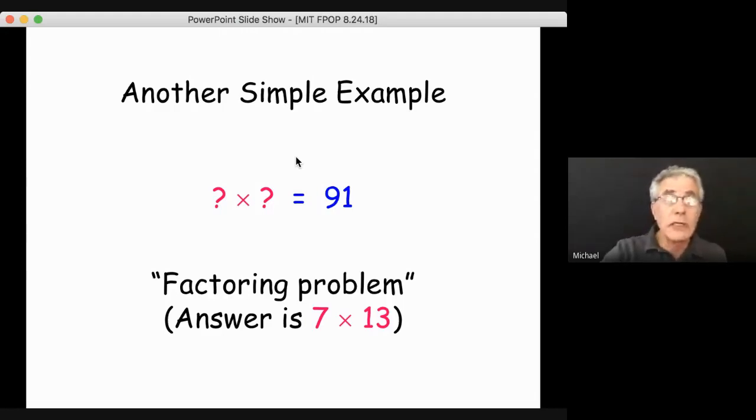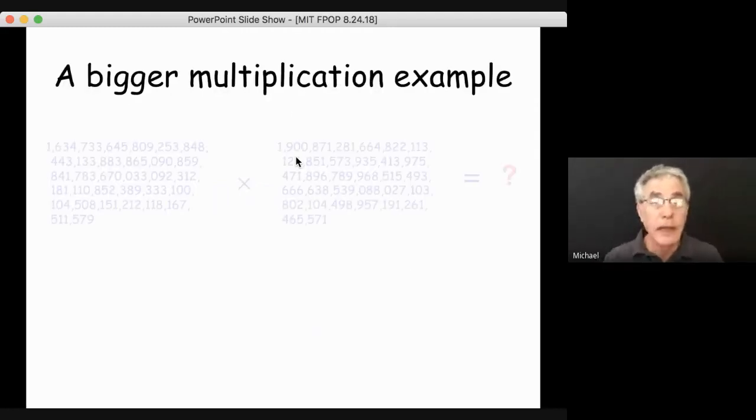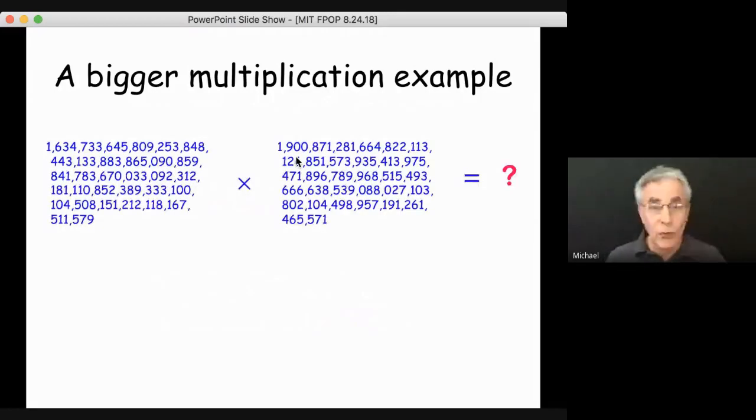Now let's look at a somewhat larger example of multiplication and factoring problems. So here's a bigger example. Probably not one that you're going to do in your head, at least if you're a normal person. Suppose, for reasons why you would care about this, you want to multiply 2 very, very large numbers together.